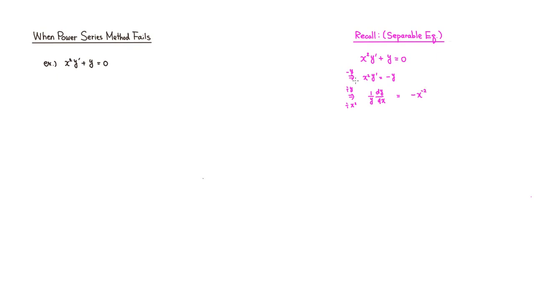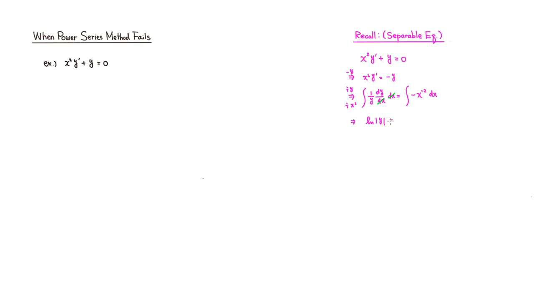Then I'm going to integrate both sides with respect to x. We can cancel dx here and dx there. The antiderivative of 1 over y is the natural log of the absolute value of y.